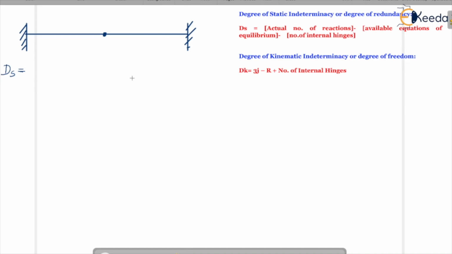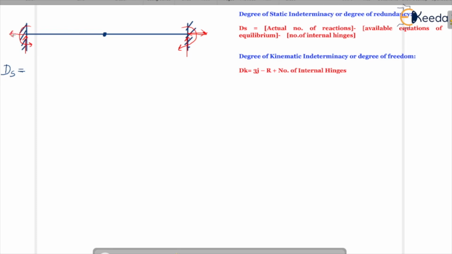Now just see the number of actual reactions. For the fixed support, it has a vertical reaction, a horizontal reaction, and there can be a rotation. Similarly for this end also, one vertical, one horizontal, and one rotation is possible.